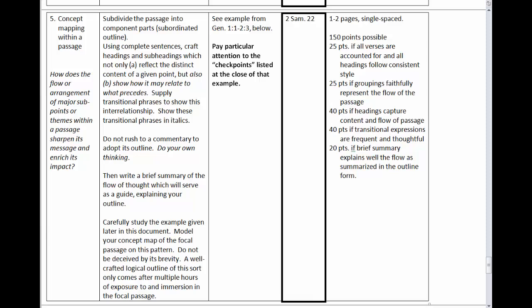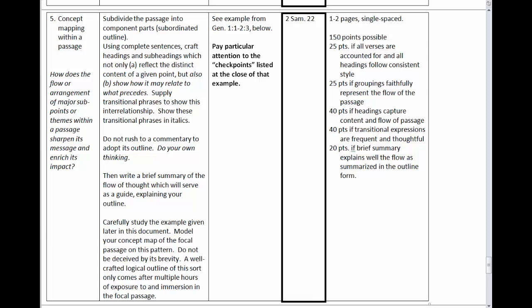Now, as you devise these headings, you will indeed, as subpoint A indicates, reflect the distinct content of that given point. But you will not only reflect that isolated point, but step B, you will want to show how it may relate to what has preceded.